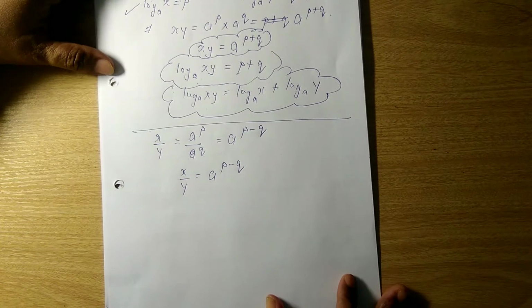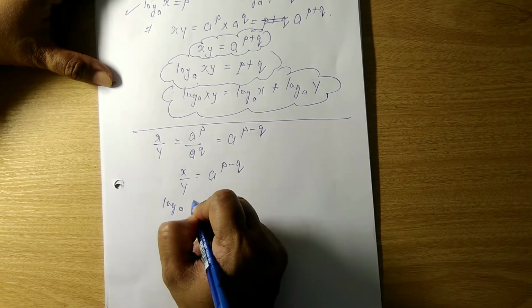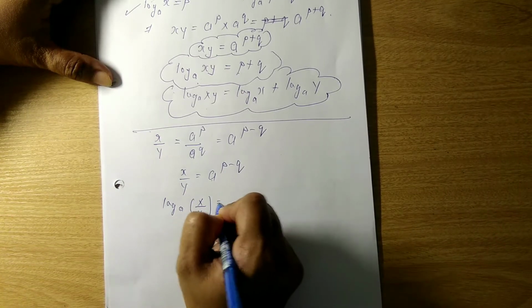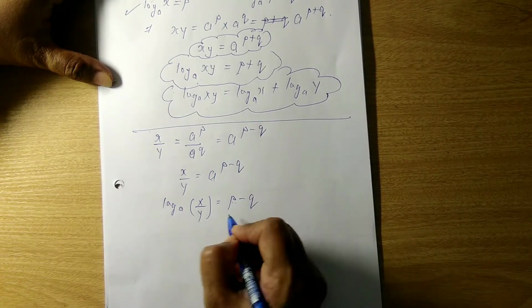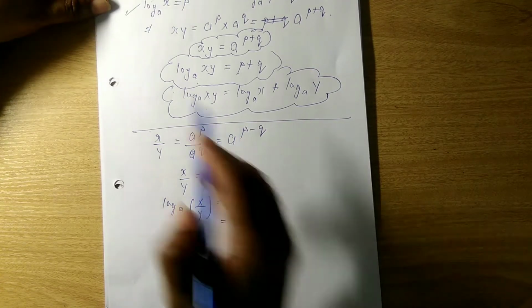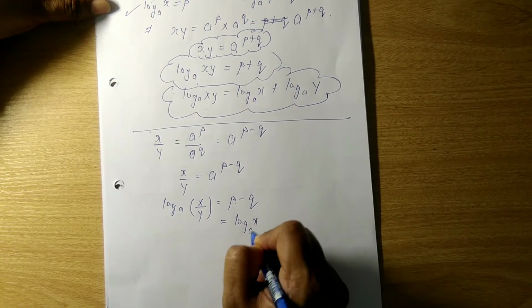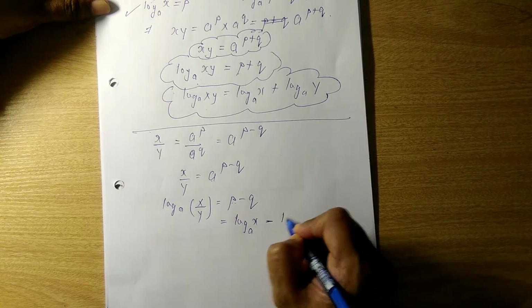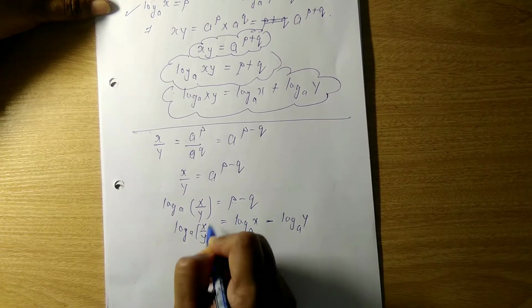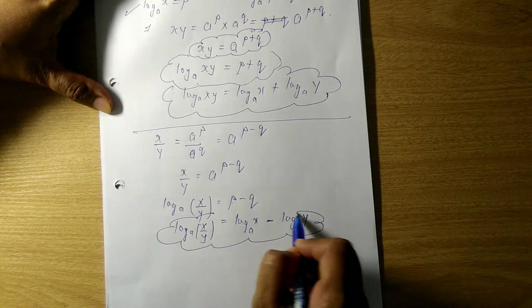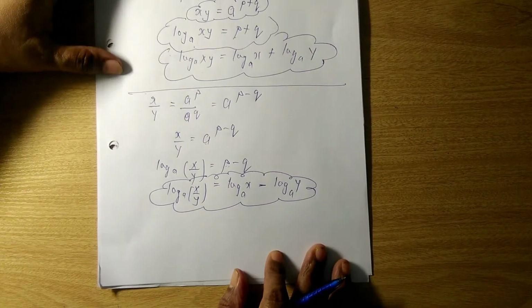Again p is log x base a, q is log y base a. So this is my second law of logarithm.